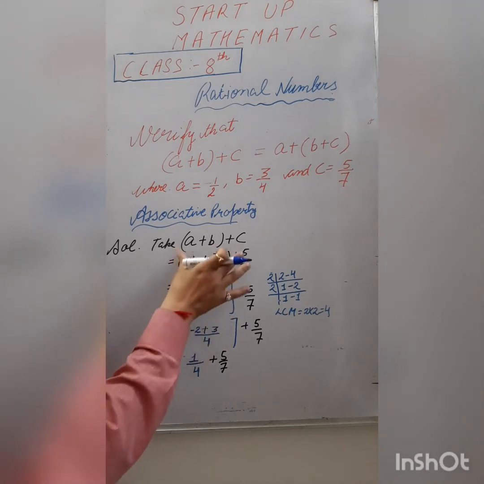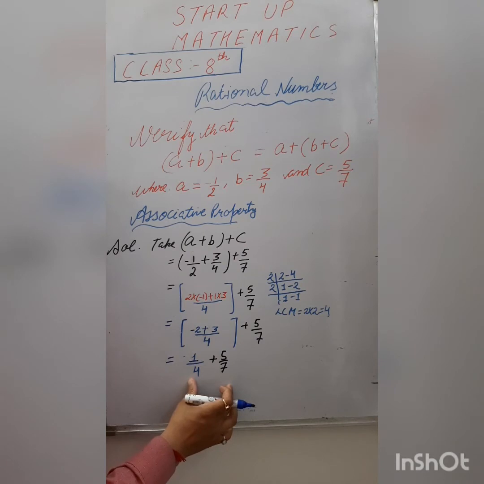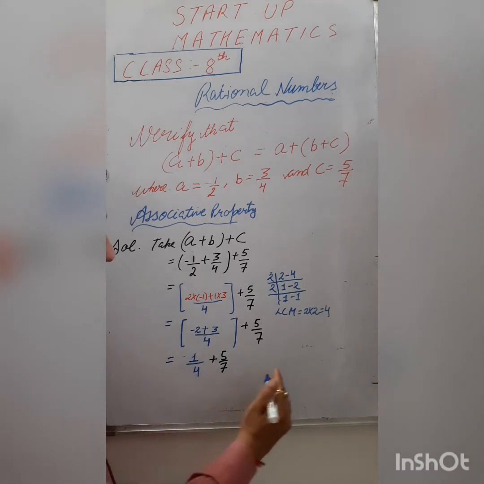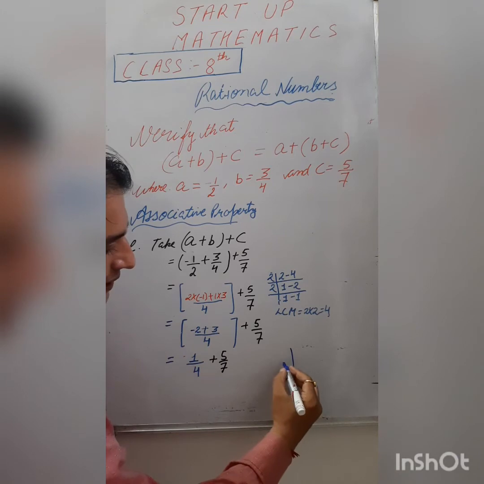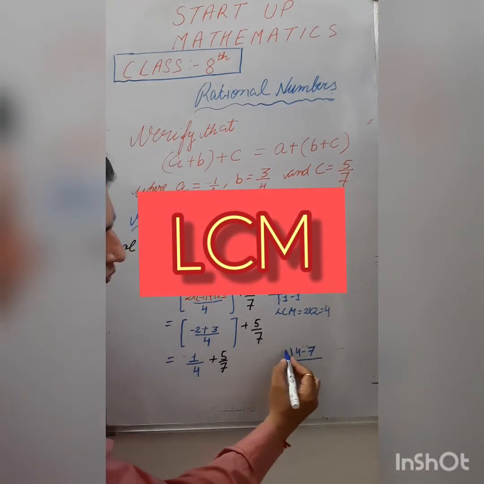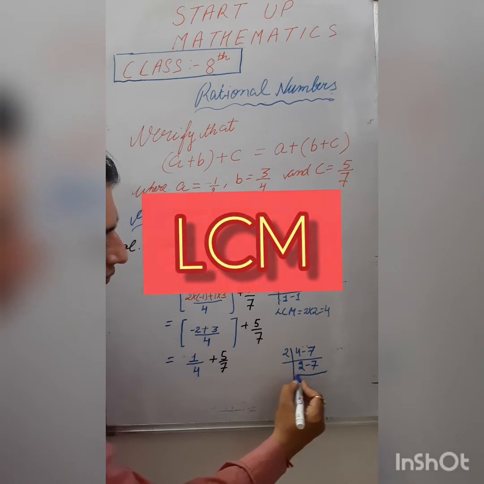Now here the three rational numbers are again reduced to two rational numbers, and we repeat the same procedure. Now see in the denominator part, both the denominators are again different. So firstly take the LCM. Again take the LCM of 5, 4 and 7. Starting with 2: 2 ones are 2, 2 2s are 4, 7 as it is.